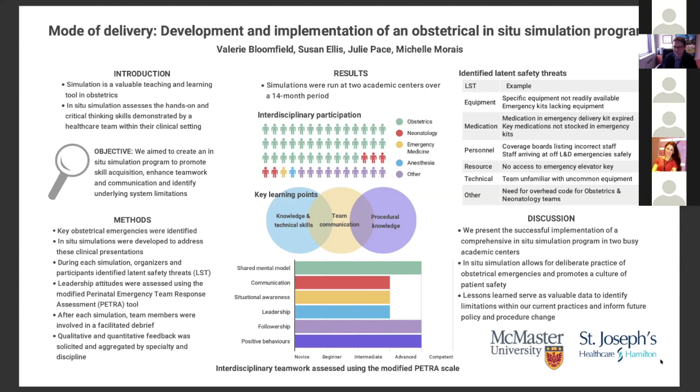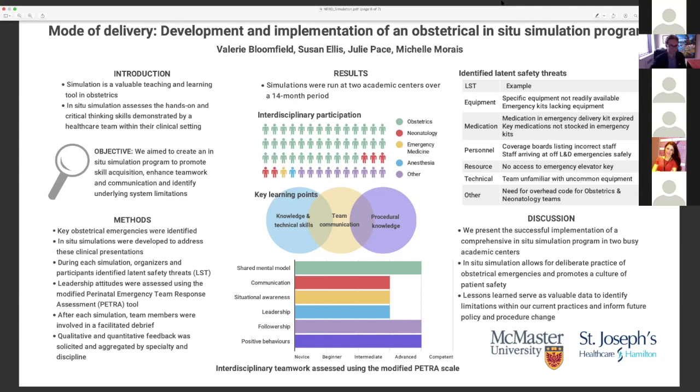It's a really great question, especially when she notes that the frequency of these events is low. I think that's what makes in-situ simulation perfect for obstetrics, because certainly the frequency of a cord prolapse is uncommon, particularly in centers that don't have as much volume, and that's specifically why we need to train for them.